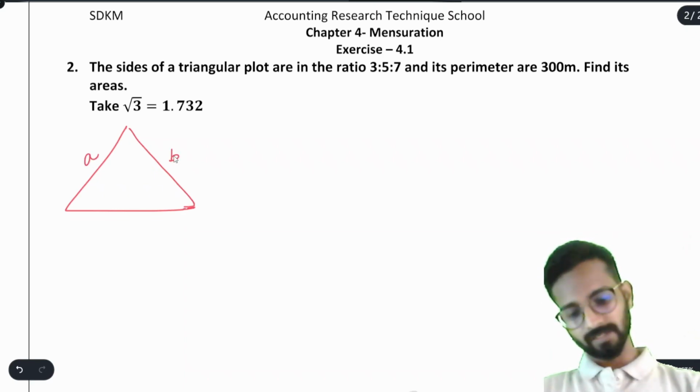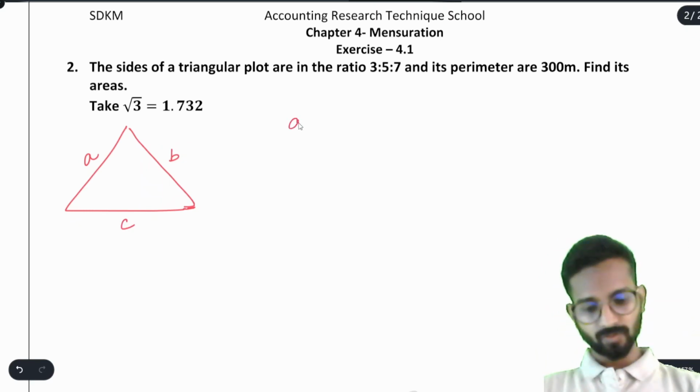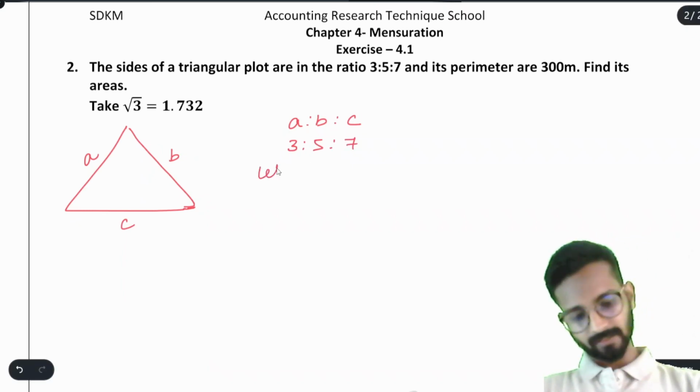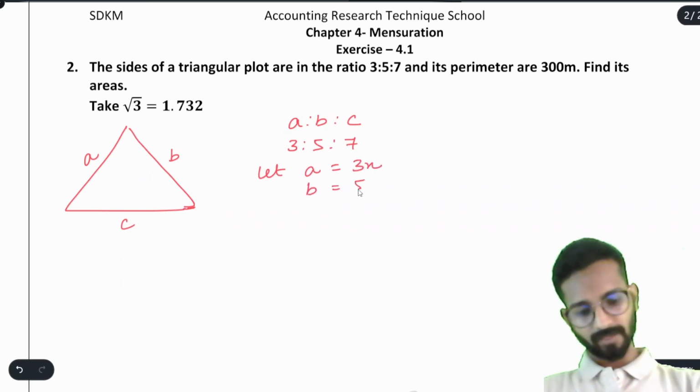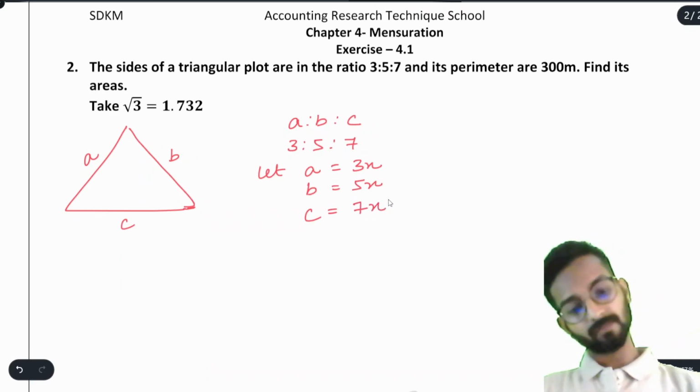Suppose the sides are A, B and C. So A is to B is to C is 3:5:7. Simple enough. Now if I can say that let A is equal to 3x, B be 5x, C be 7x, we can say this like this.